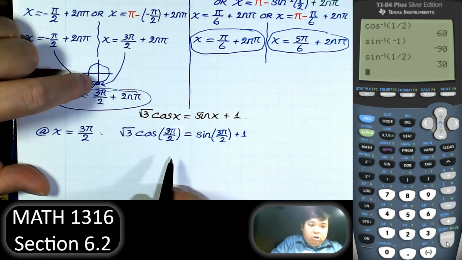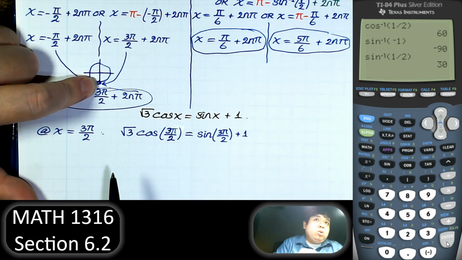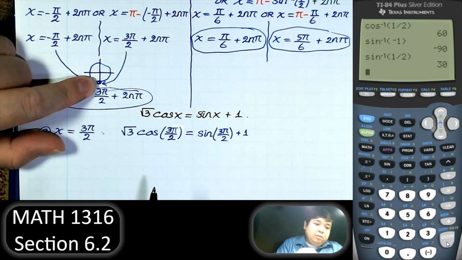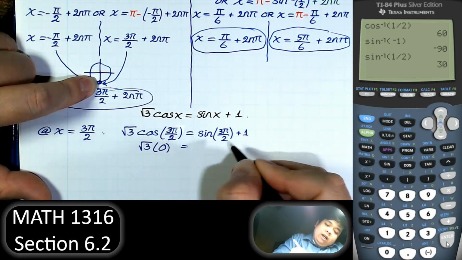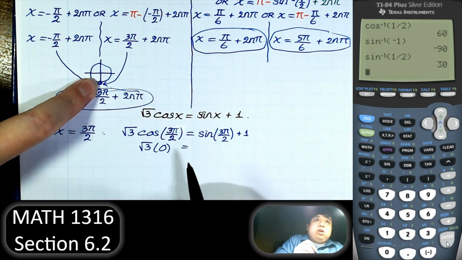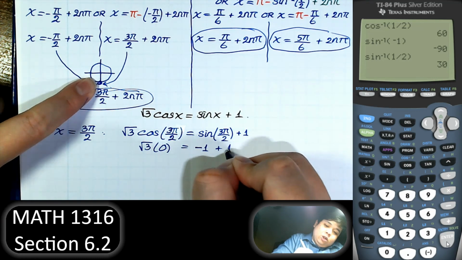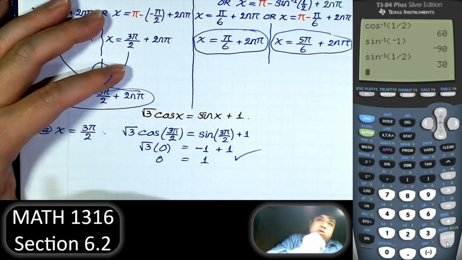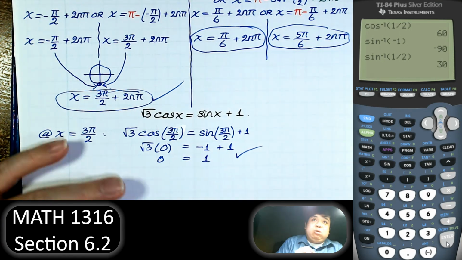Cosine of 3 pi over 2, at this point the x value is 0, so the cosine value is 0. So I have square root of 3 times 0. The sine value of this point, the y value, is negative 1. So we have 0 equal to 0. Yes, that certainly works. So this is one of our solutions.